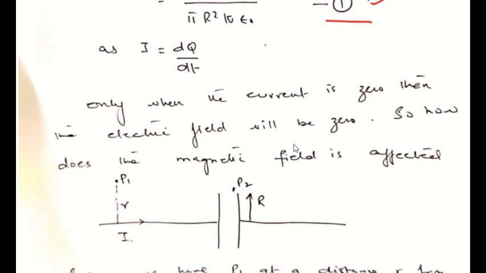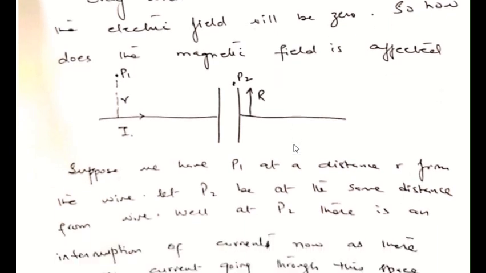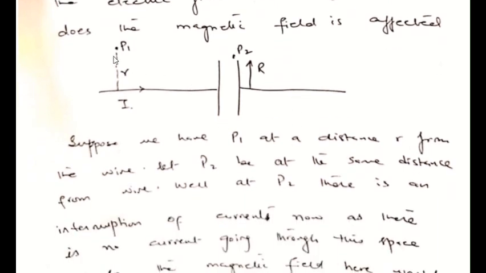So how is the magnetic field affected? Let us suppose that we have these two points P1 and P2, and this is a point on a closed surface, and the radius of the closed loop is given by small r, whereas capital R is the radius of the capacitor.